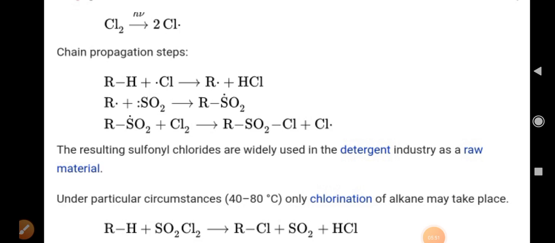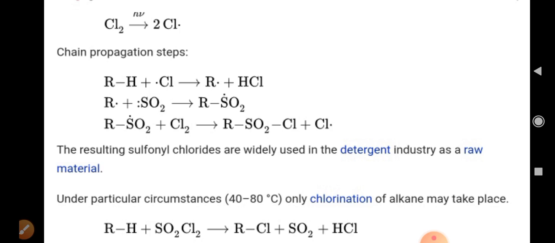After that, this free radical with Cl2 gives RSO2Cl. During this process, Cl2 undergoes homolytic fission in which both the Cl carry one electron, that means one of the chlorine free radicals shares its electron with sulfur, which carries one electron, that means it is also a free radical.